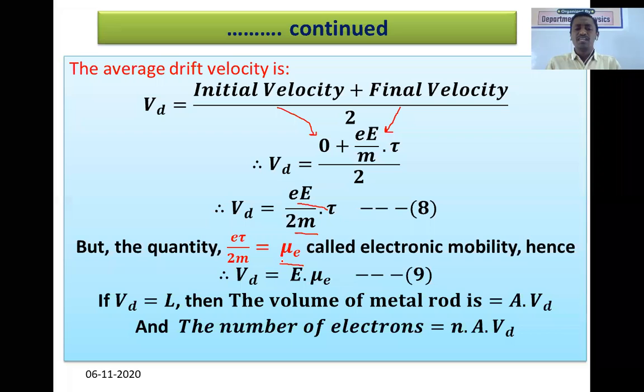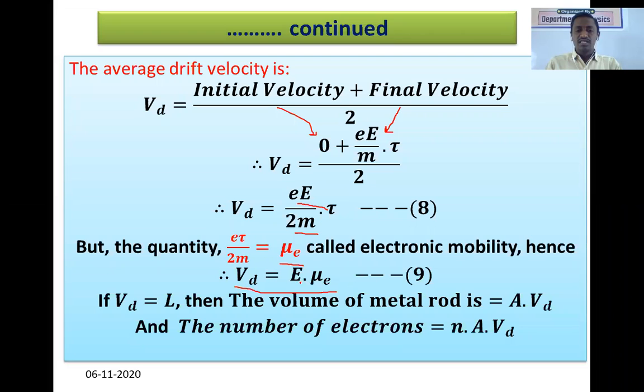Replacing E tau upon 2m by mu E, equation 8 changes to the form Vd equals capital E into mu E. That is our equation number 9.